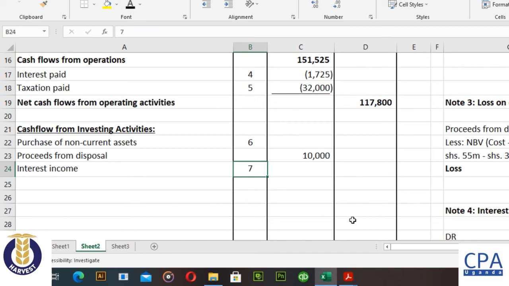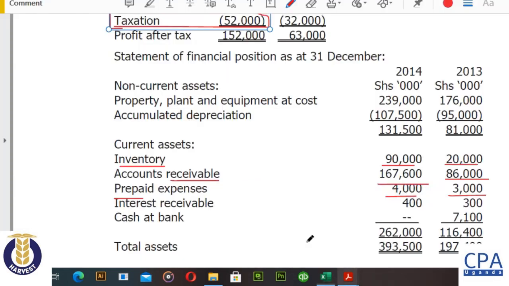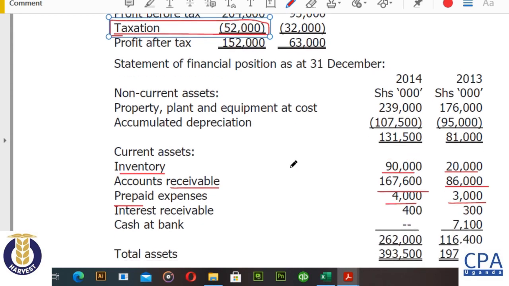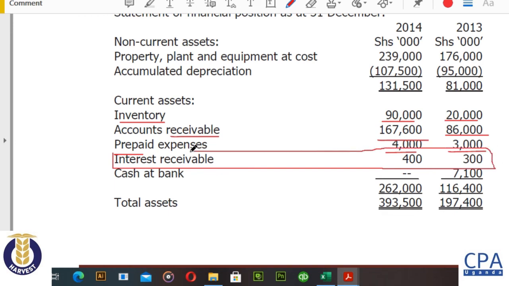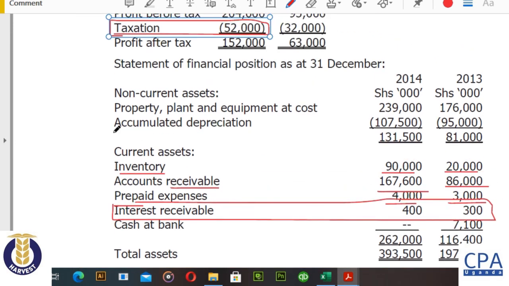I'll reconcile the opening and closing balances of the interest receivables account, which is given in the statement of financial position, this one right here. The figures are going to come from there, and then the figures for the non-current assets to help me determine how much cash we paid for the purchase are going to come from that item right there.